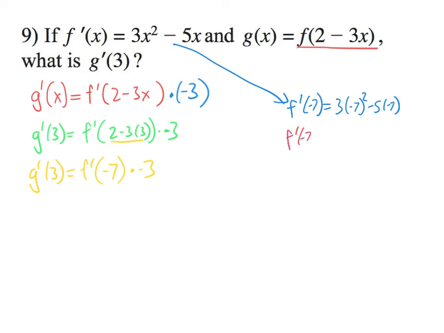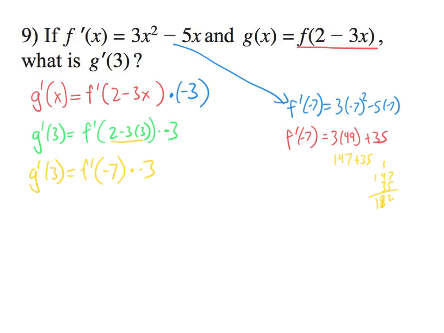So f prime of negative 7, because that's the number we want, is going to be 3 times 49 plus 35. So 3 times 49, that's 147, plus 35. So 35 plus 147, that'd be 182 it looks like.